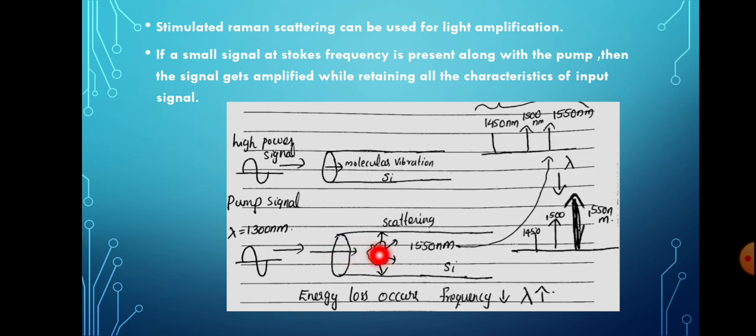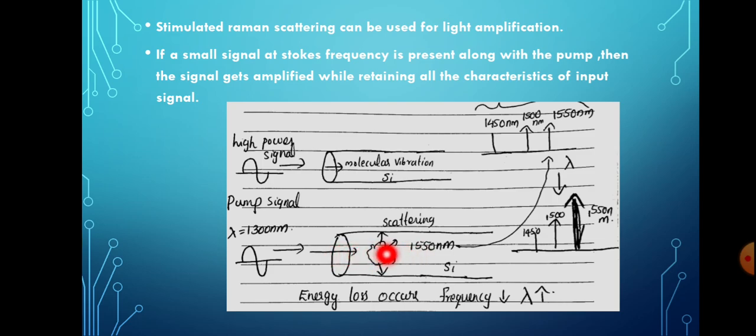Some of the energy is absorbed by the molecular vibrations, so the energy of the pump signal is reduced and the signal is scattered in this manner. You know that energy is equal to h nu, directly proportional to the frequency but inversely proportional to the wavelength. Due to this energy loss, the wavelength of the incoming signal will increase.